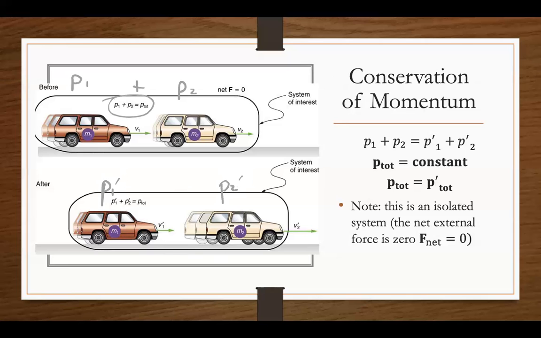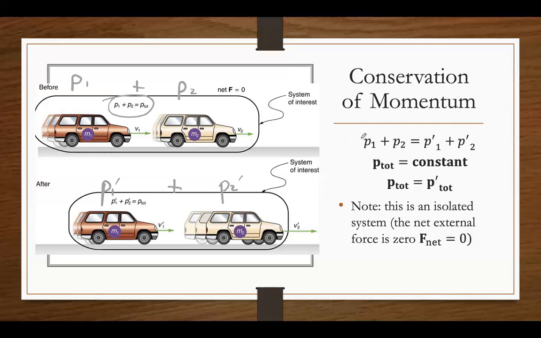And again, our total momentum should be these two added together, okay? And that would give us some total momentum here. Okay, so this total momentum will be the same as the total momentum that we calculated before.